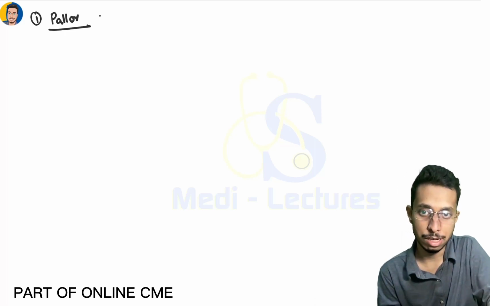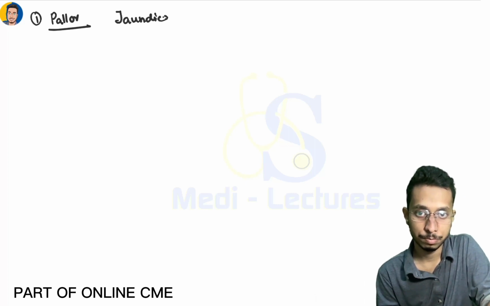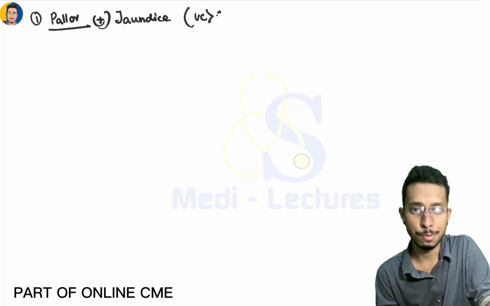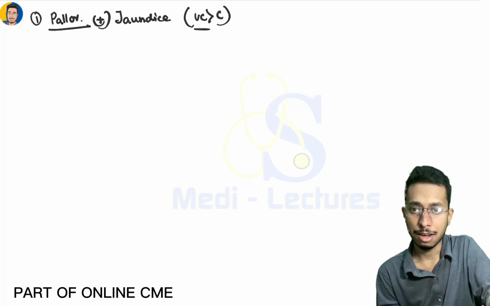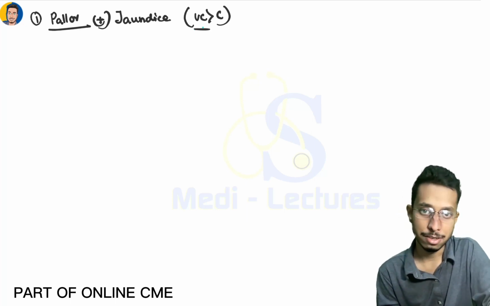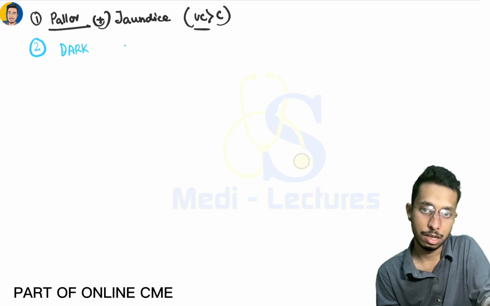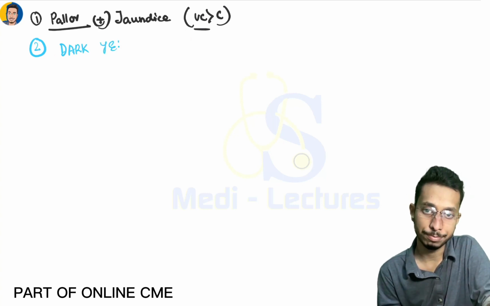So the bilirubin level will increase and it will manifest as jaundice. So pallor plus jaundice is one of the clinical features of hemolytic anemia, and this bilirubin is mainly unconjugated rather than conjugated. As unconjugated is more, it will be excreted in urine, so it will give a dark coloration, dark yellow urine.